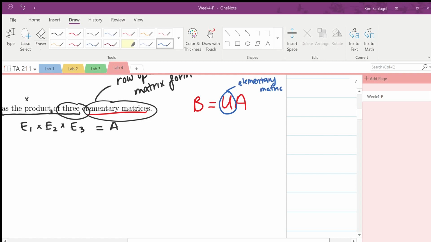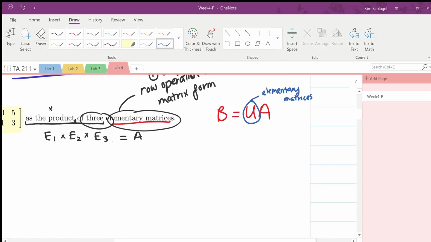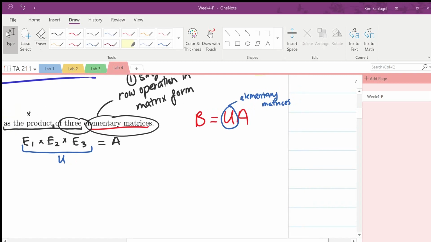In this case, it would be all 3 of these multiplied together. Your B is essentially what you want to end up with, and your A is what you have.